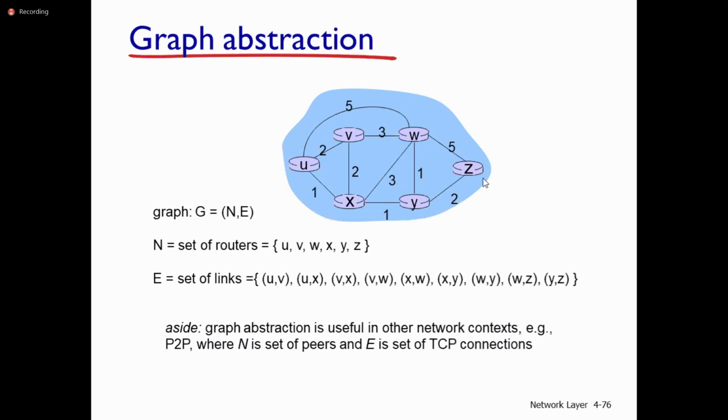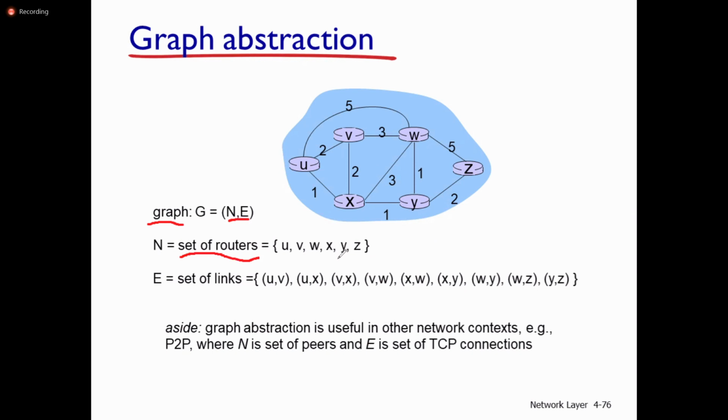So let us look at the graph abstraction of the network. In this scenario, let us assume that there are 6 nodes in this network, and the network is denoted as a graph. Let us say the graph is G = (N, E), where N represents the set of routers.